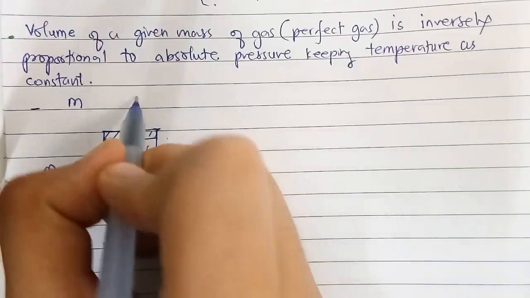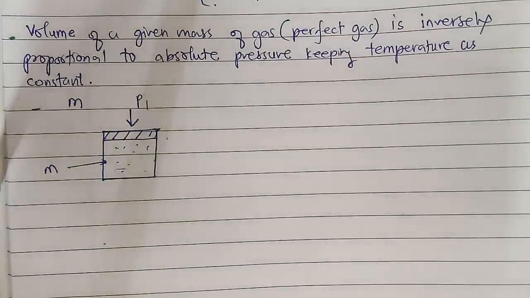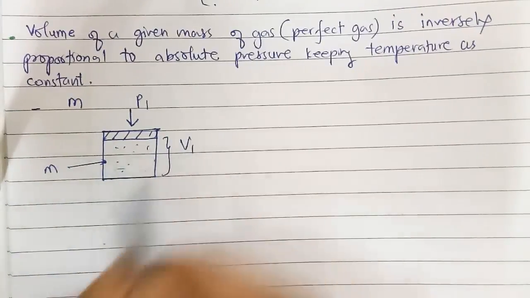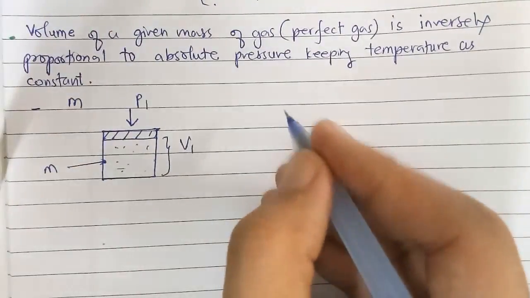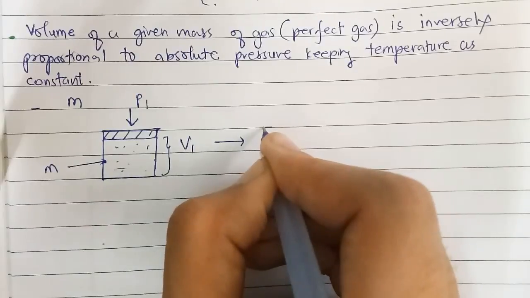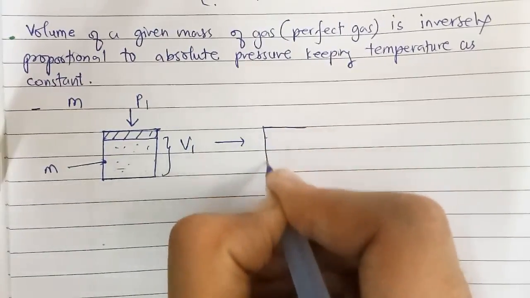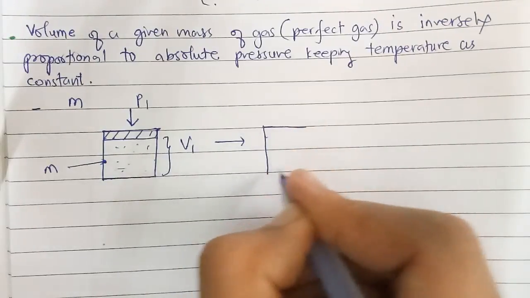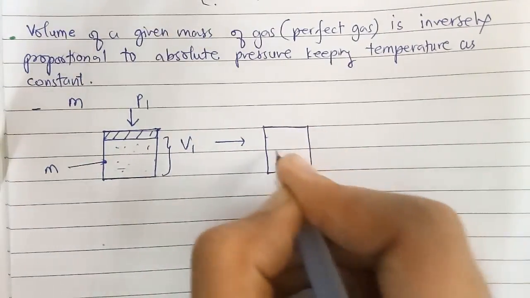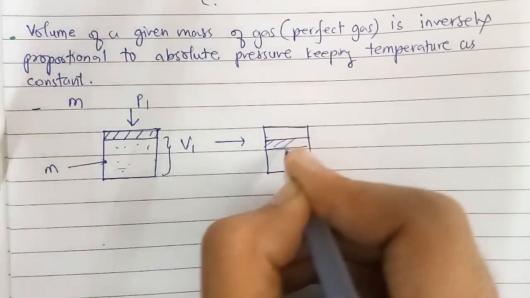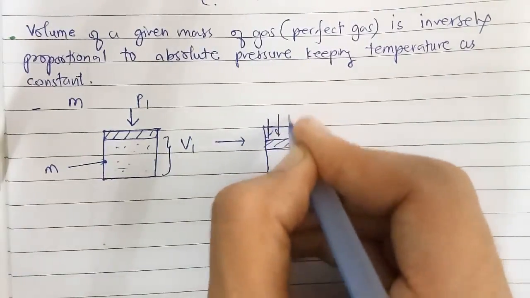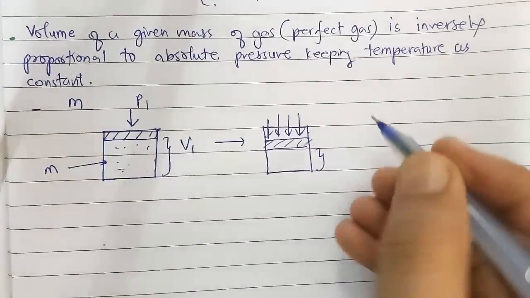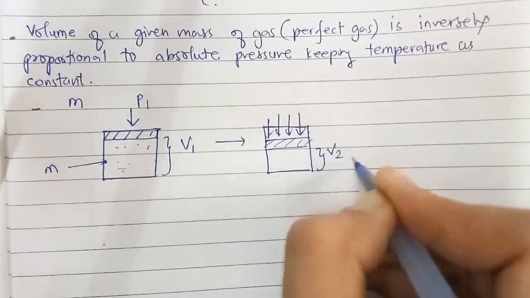So at the beginning, we are applying the pressure of P1, and initially the volume is V1. Okay, in the second stage, as the pressure increases, its volume gets decreased.